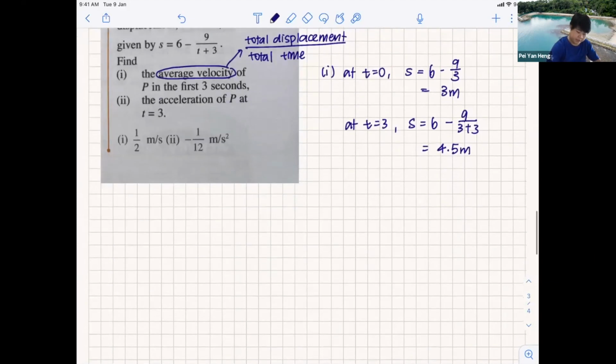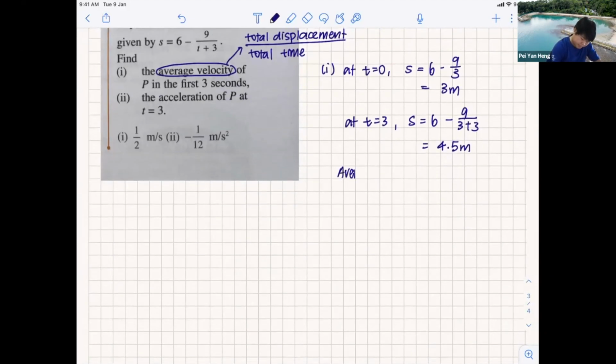So your average velocity, not displacement, you take the final displacement minus the initial, the starting displacement.